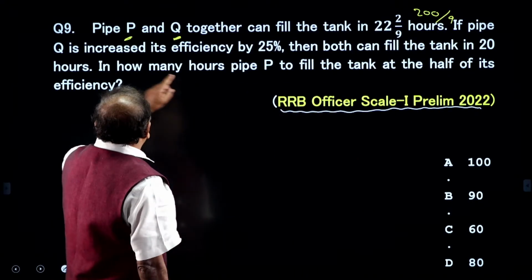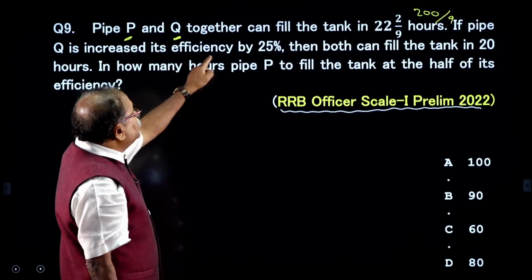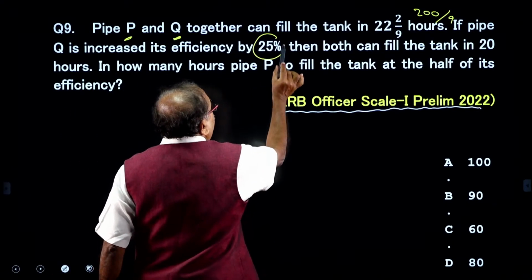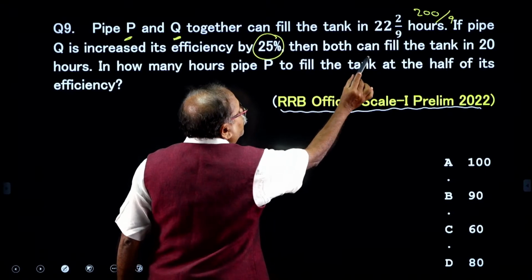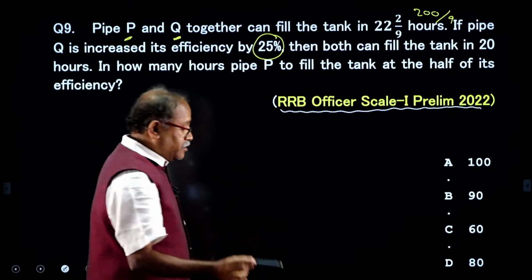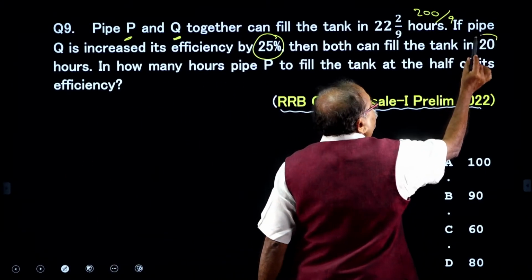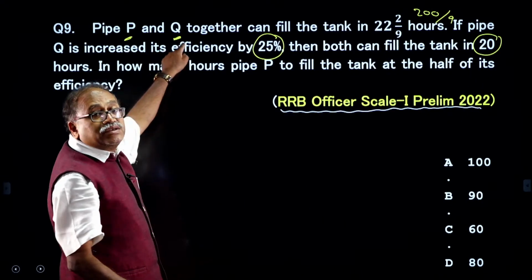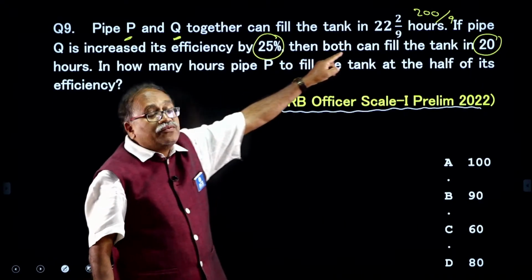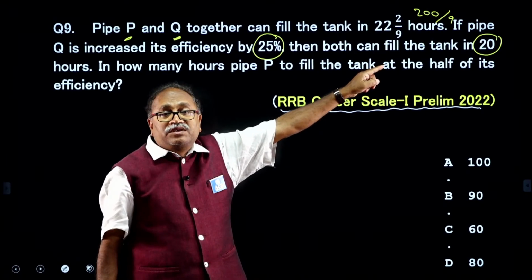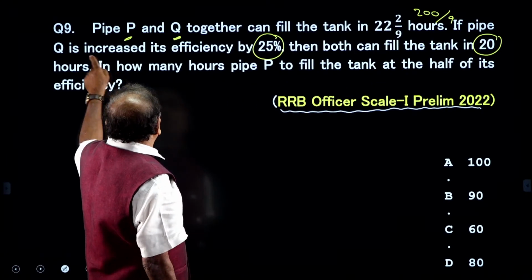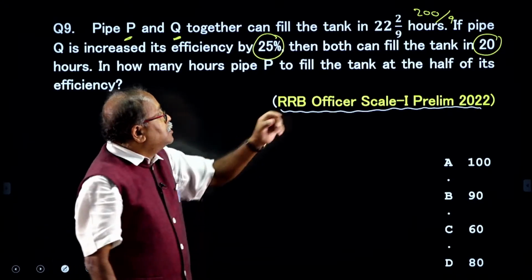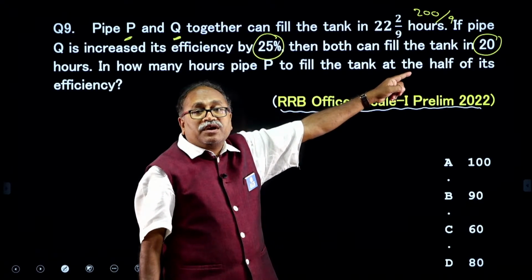If pipe Q increases its efficiency by 25%, then both can fill the tank in 20 hours. If they work with normal efficiency, P and Q can fill the tank in 200 by 9 hours. If pipe Q increases its efficiency by 25%, then both can fill the tank in 20 hours.